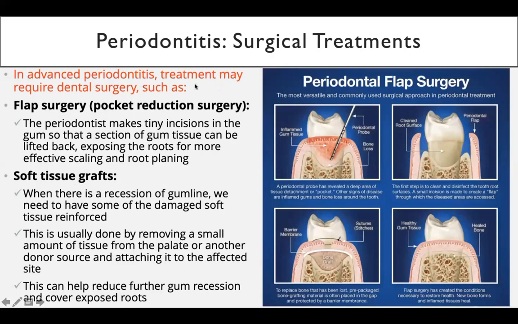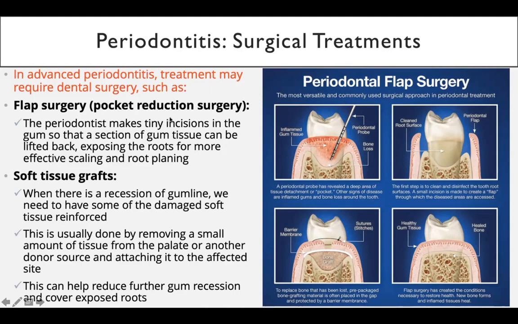In advanced periodontitis, treatment may require dental surgery, such as flap surgery, also known as pocket reduction surgery. As we already know, from gingivitis to periodontitis, the pockets get deeper and deeper towards the apical and root side. And when the pockets become deep, the tooth becomes loose, easily movable, and can come out, right?